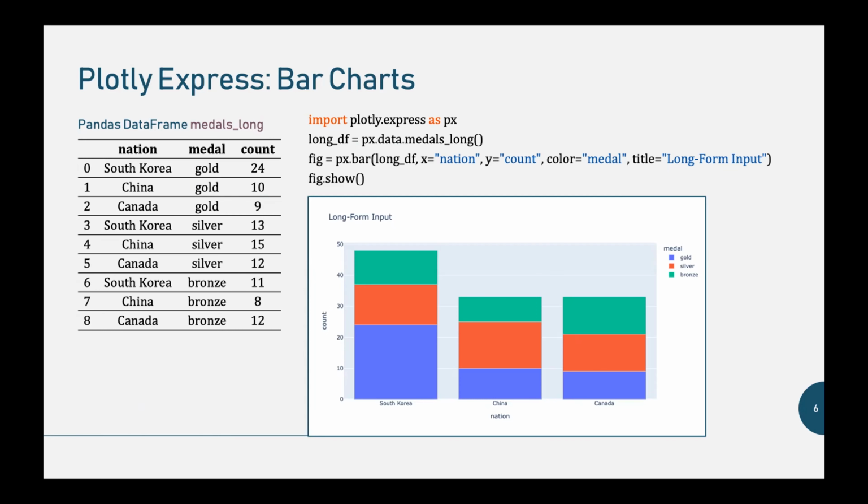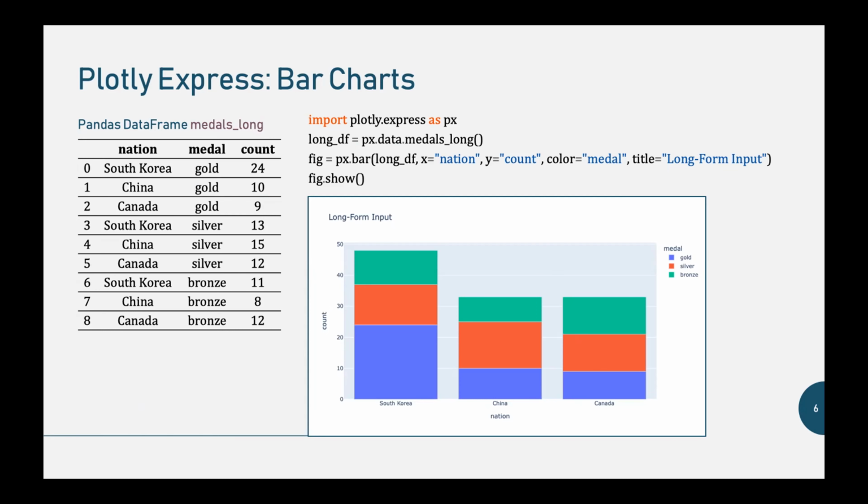So we move a step further, and now we are going to import a data frame. On the left, you can see what our input data frame is, and on the right, how we are treating this data frame. In this visualization, for example, we would like to show the distribution of the medals across countries, and how many medals each country has won.